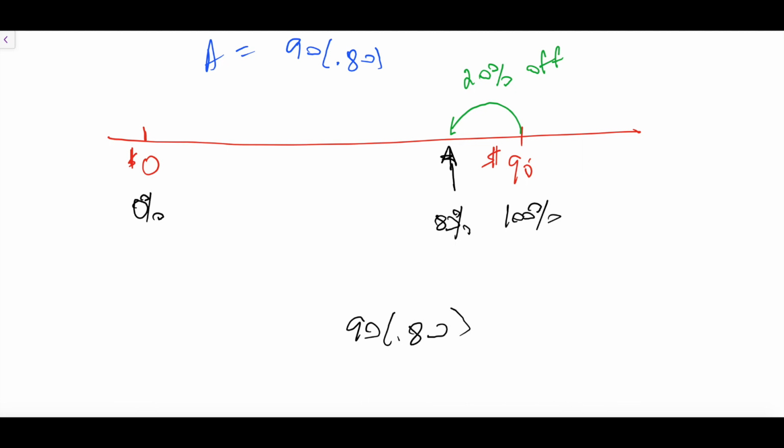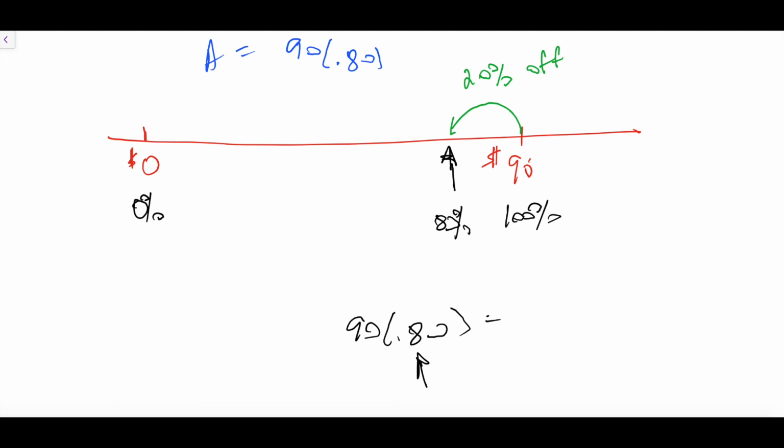What you just did, and you didn't realize that you just did it, is you just took 20% off of 90. So 20% off is the same thing as 80% of.